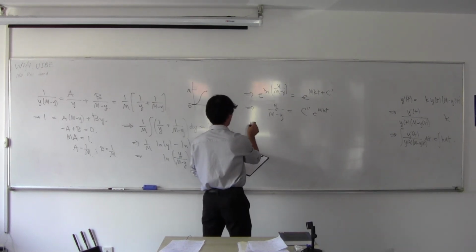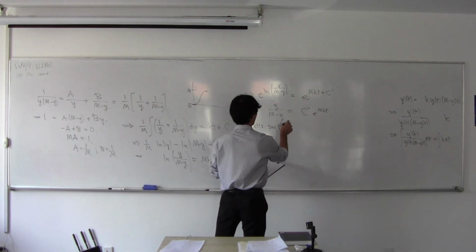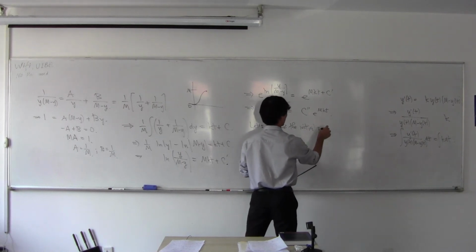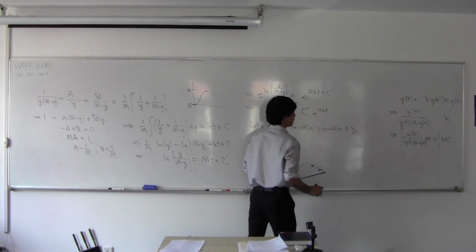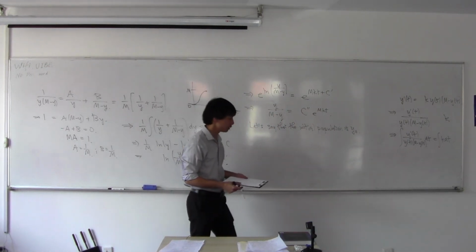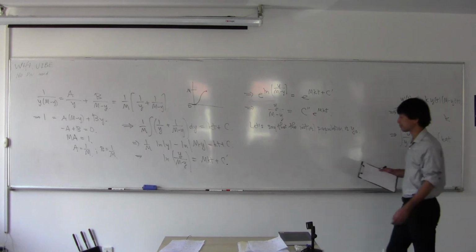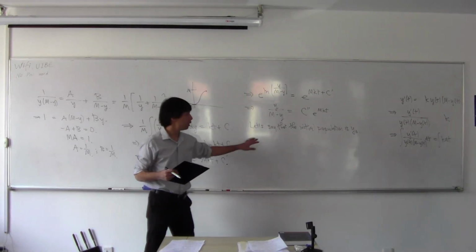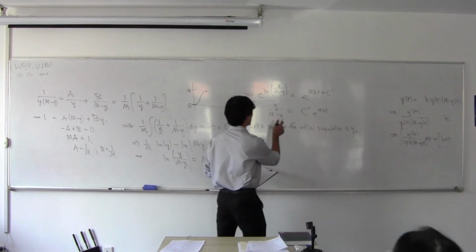Let's say that the initial population is called y naught. So what does that say?